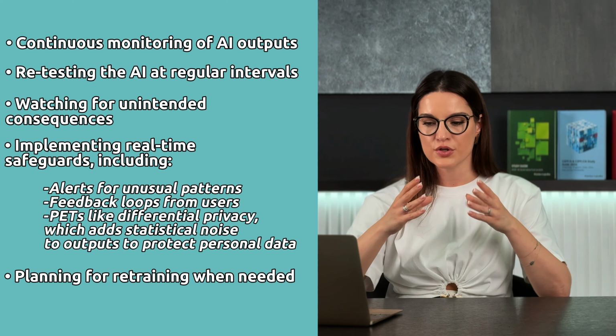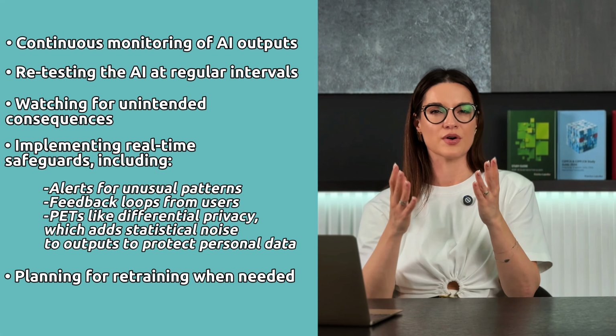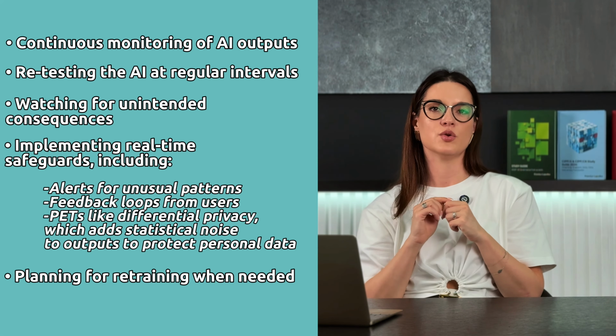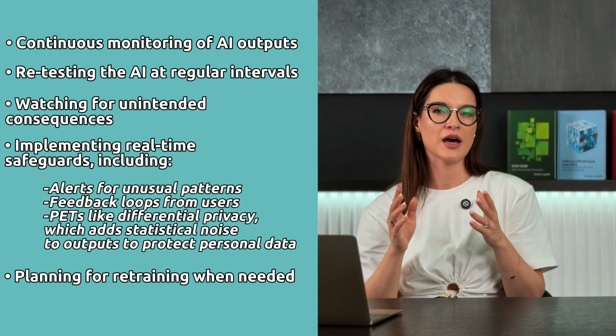Then, we also might think of implementing some real-time safeguards to keep our AI well protected. It has to be safe and secure, right? We can do some extra alerts for unusual patterns, feedback loops from users, or we can again add some more patches if we are changing the model.